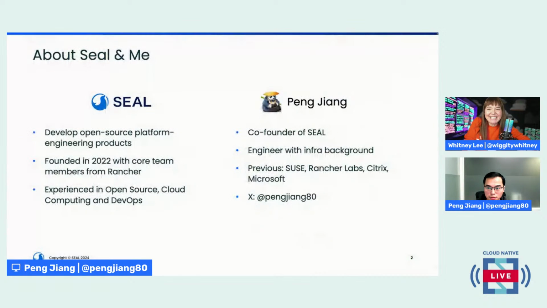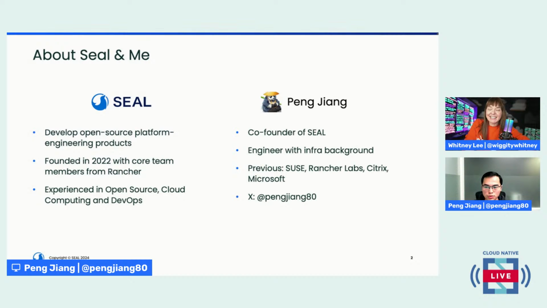First, a quick introduction about Seal, our company, and myself. Seal is a startup company founded in 2022 with core team members from Rancher Labs, a cloud native company that developed a container management platform called Rancher. Our team members are experienced in open source, cloud computing and DevOps.